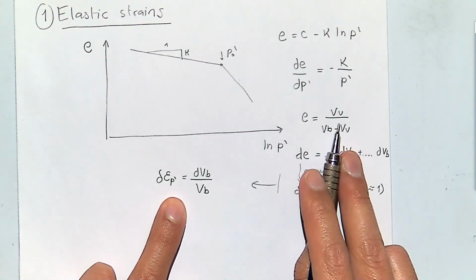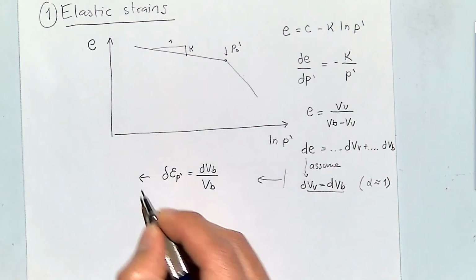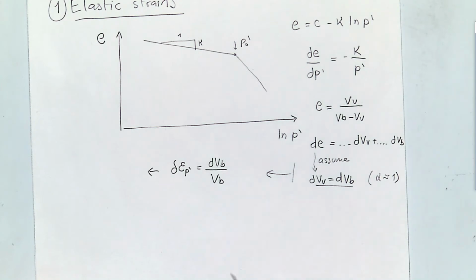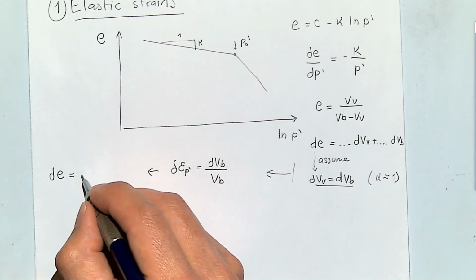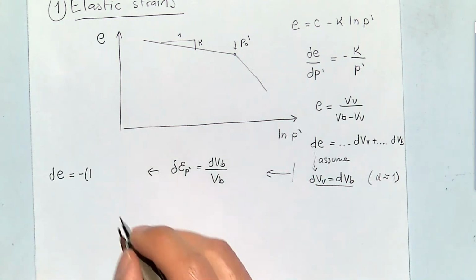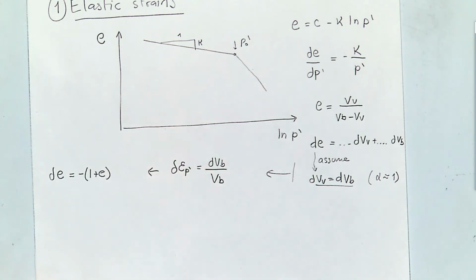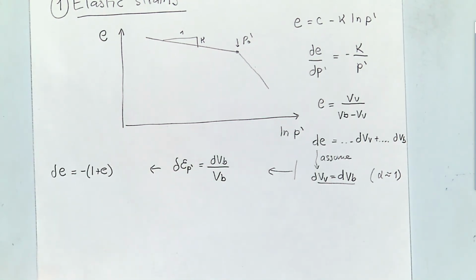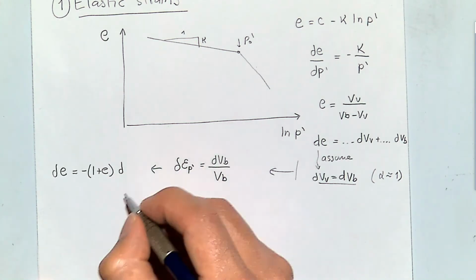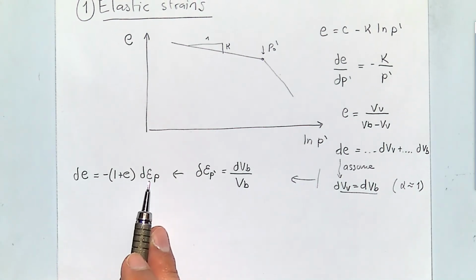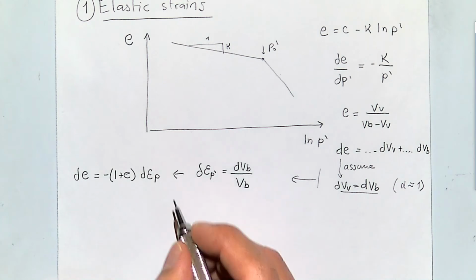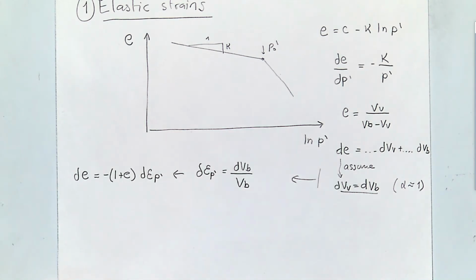Together with this equation, what we're going to obtain is that the variation of void ratio, this is just playing with derivatives, we don't have to do that, but just let me write the complete equations for the sake of completeness, is going to be minus (1 plus the void ratio) times the variation of volumetric strain. And this is the relationship between void ratio and variation of volumetric strain.